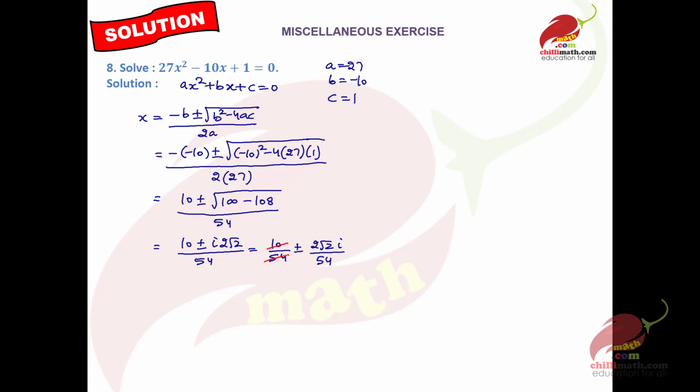On cancelling, we get 5 into 2, 10, and 27 into 2, 54. This side also we can cancel this 2 with 54, it will go to 27. So we get 5 by 27 plus minus root 2 over 27 into iota, which is your required answer.